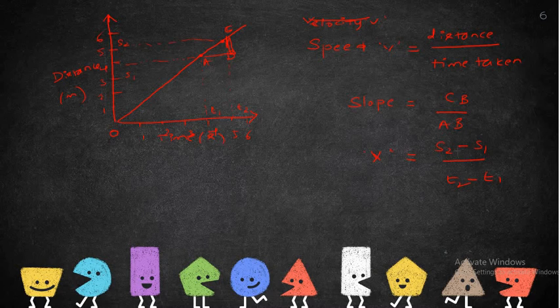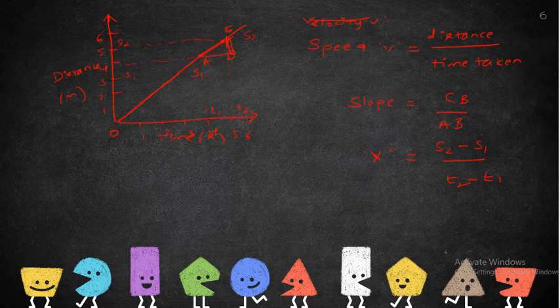Why am I taking S2 minus S1? See, if the object is moving from O and it has reached the point A, from O to A it has traveled a distance of S1, and again it has moved further, reaching a distance of S2.